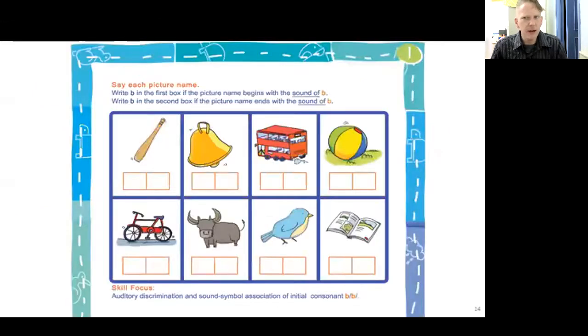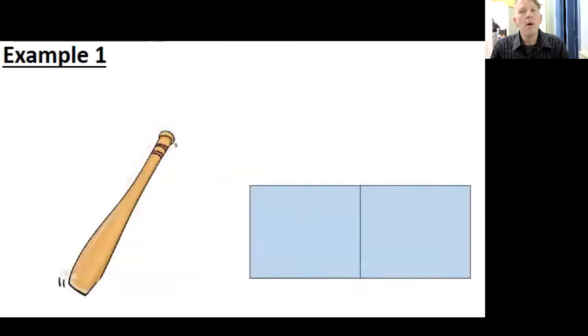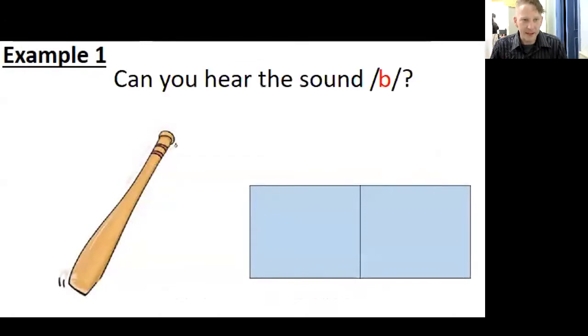Now, we have to look at these pictures here. And we have to write the letter B if the picture has the sound at the beginning or the sound at the end. And everything in here begins with the letter B. Let's find the baseball bat. There it is. We found it. Now let's have a look. Baseball bat. Okay, can you hear the sound?